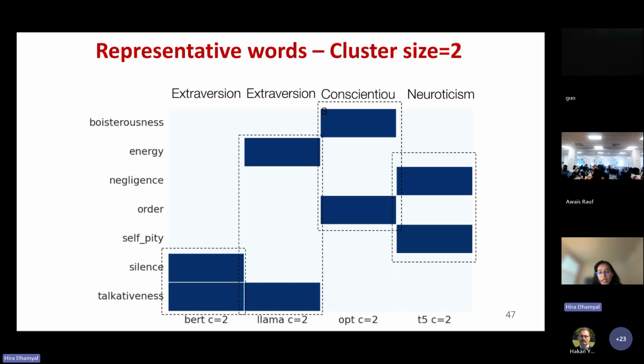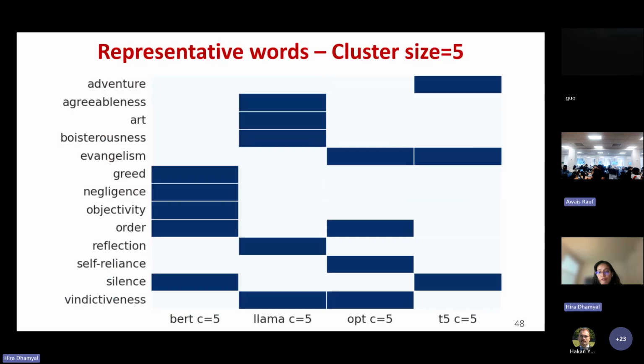So that's pretty interesting. And when we set the cluster size to 5, what we see here with BERT is these 5 representative words, and all of them come from one of the OCEAN traits. We see that the clusters are either honing on one of the bases out of the 5 OCEAN, or they're choosing one representative word from each one of the 5 bases.